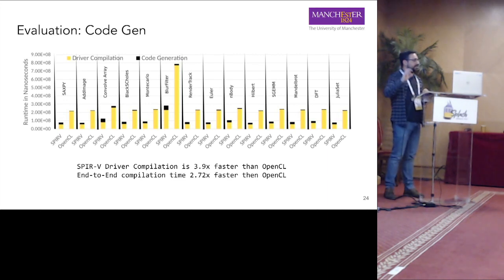Right. Then we go to the driver compilation. So once the SPIR-V module is generated, then we compile to get the final module. And we see that it's around 4 times faster, 3.9 times faster, that part of the compilation. That makes sense. That's what we wanted to get, right? And overall, we speed up the compilation process by 2.7x, which is great.